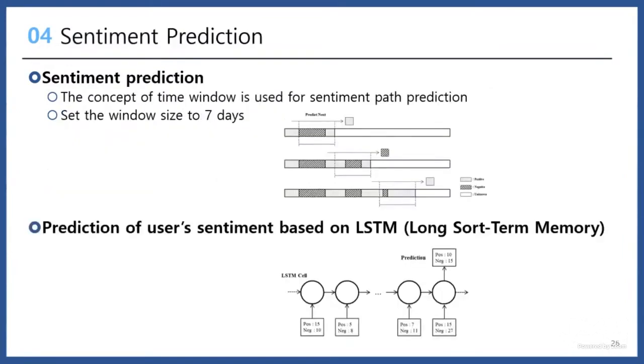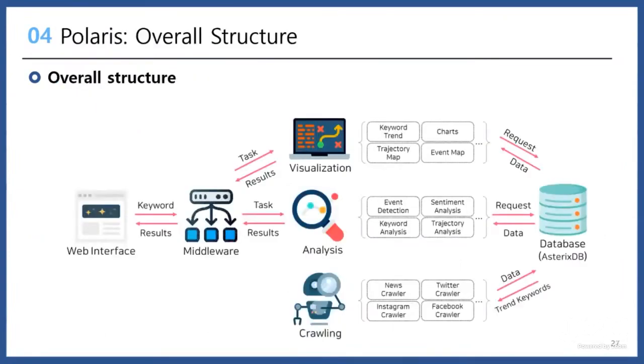For sentiment path prediction, the concept of a time window is used based on LSTM. This is the overall structure diagram of the Polaris system: crawling data, analyzing, visualizing results, and predicting them.